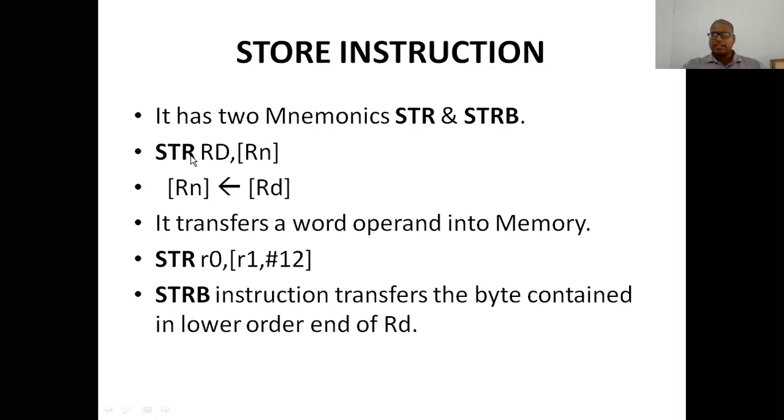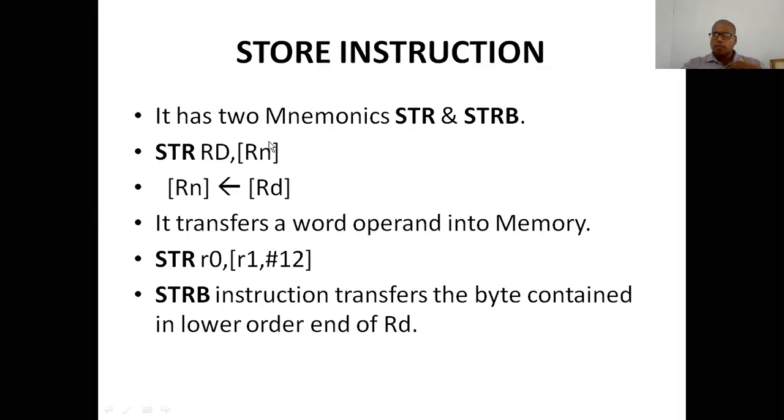See here, I have written STR Rd, [Rn]. This is the syntax of store. What does it mean? As I have discussed previously, whenever you want to store data, you need to store it in a memory location. Here Rn is the memory location. How can you say it is a memory location?